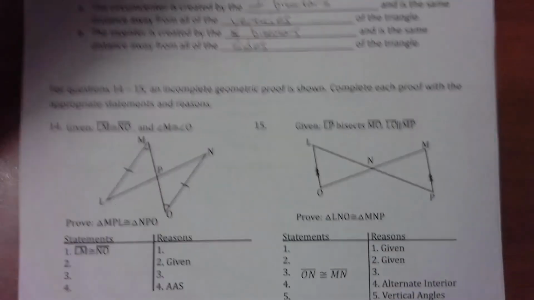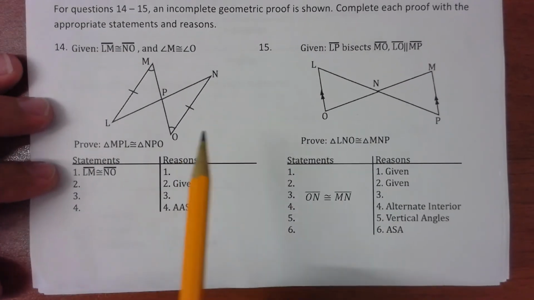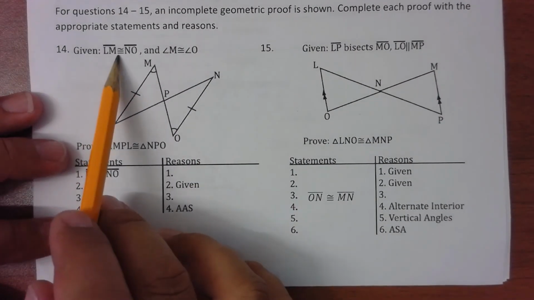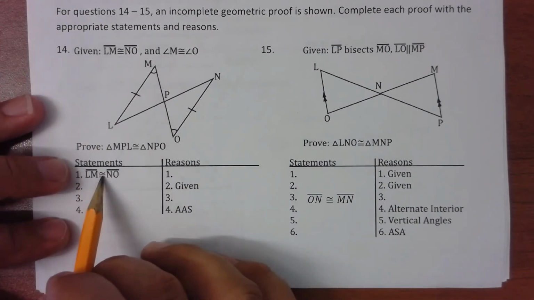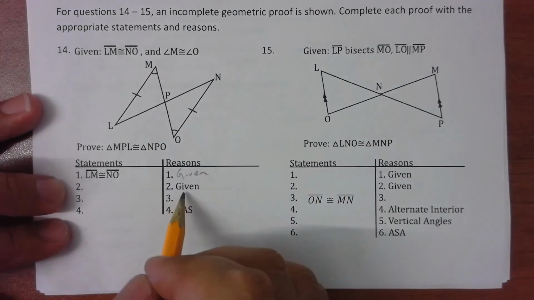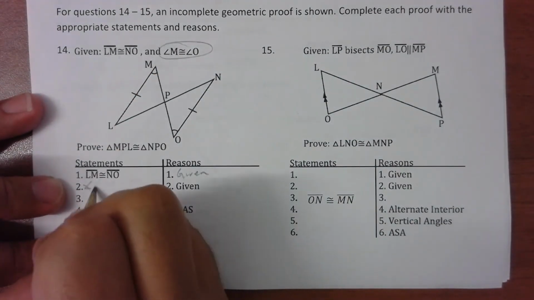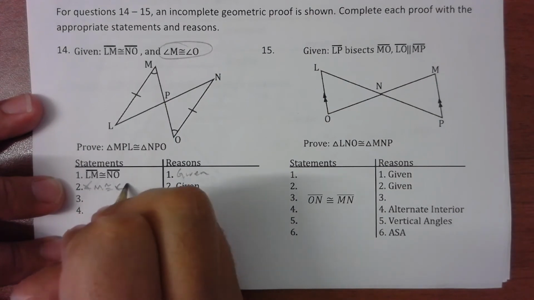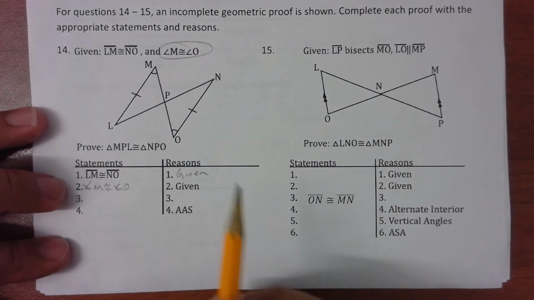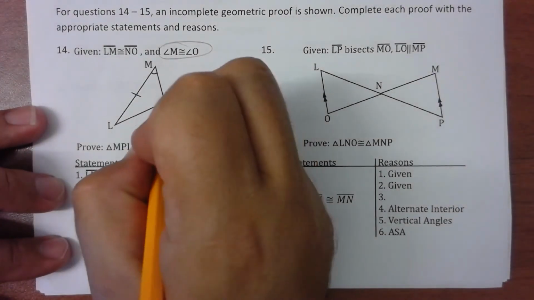Proofs. LM is congruent to NO. Given. I have another given. Guess what? It's this. Angle M is congruent to angle O. Right here, that's congruent to that.